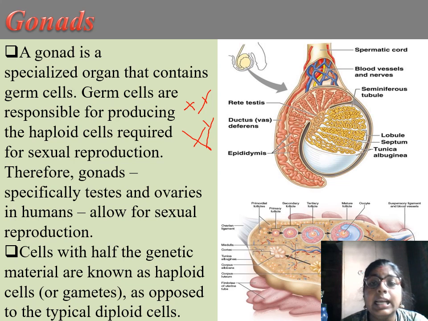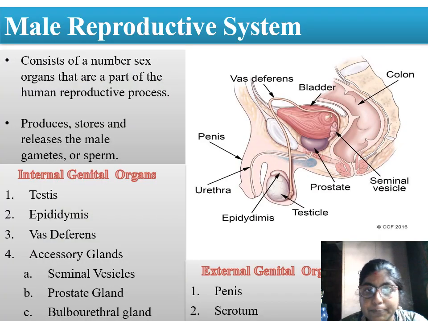In males, the seminiferous tubules, epididymis, testes, and vas deferens are the internal organs, and in females, the ovary, fallopian tube, and uterus are the organs responsible for reproduction. The cells with half of the genetic material are known as haploid cells.